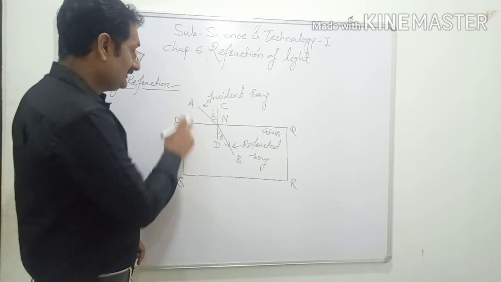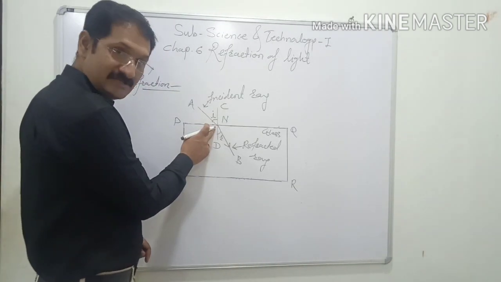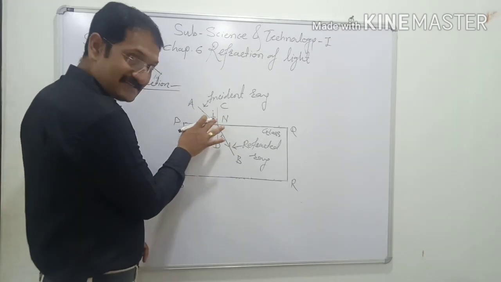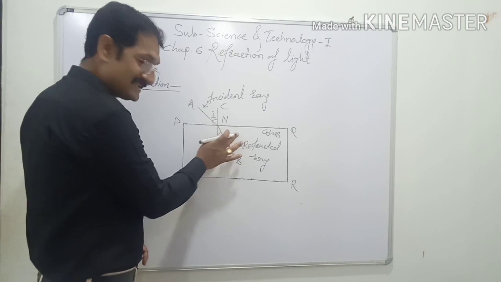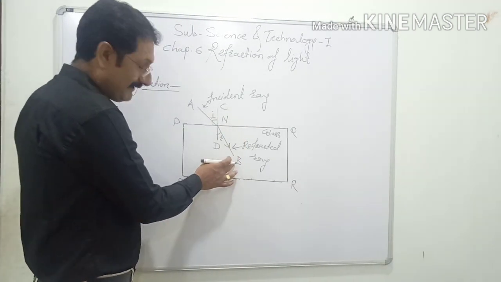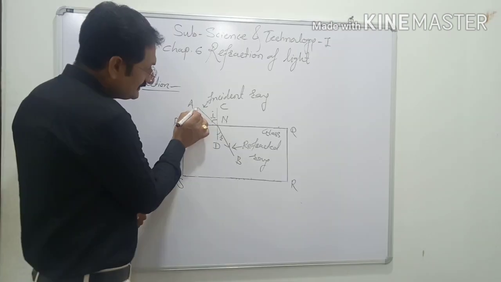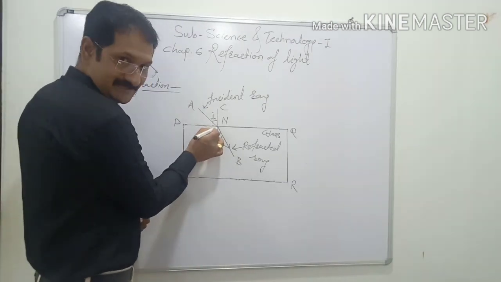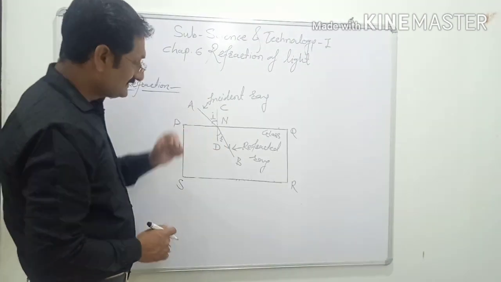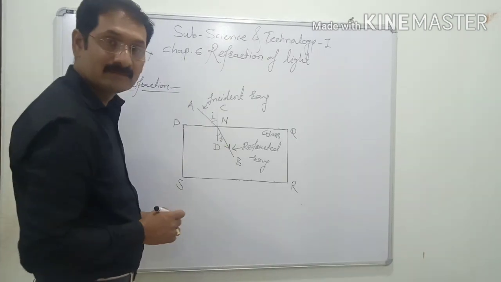When this incident ray is incident at point N, it refracts as it passes from air to the glass medium, changes its direction, and the final point of this ray is B. We see here this is the direction of incidence and this is the direction of refraction, and this is the normal at the point of incidence.